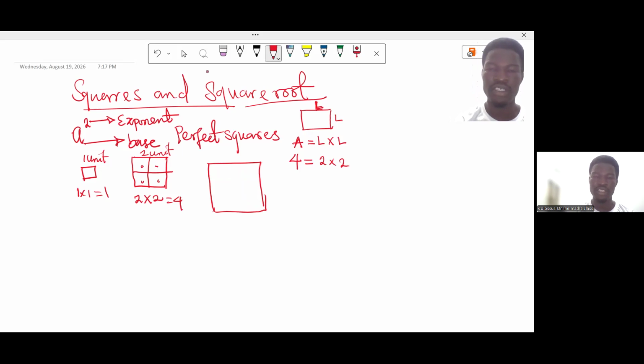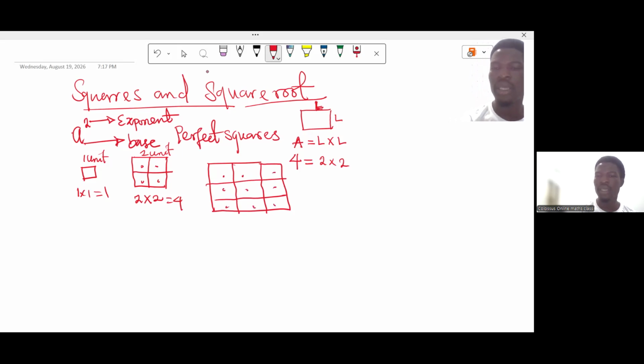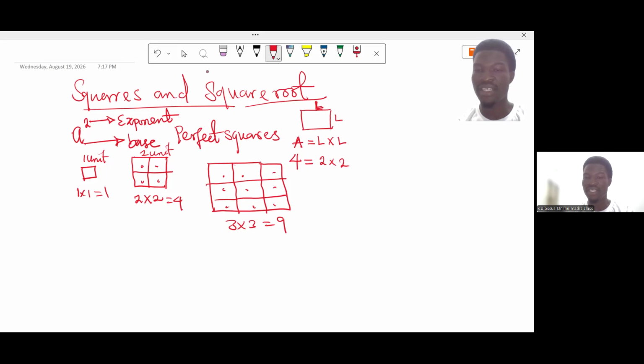So you get the idea of what I'm trying to bring out there. So this is 1, 2, 3, 1, 2, 3, 1, 2, 3. That's why you have 3 multiplied by 3 to give you 9, and so on and so forth. Okay, so that is on perfect squares.